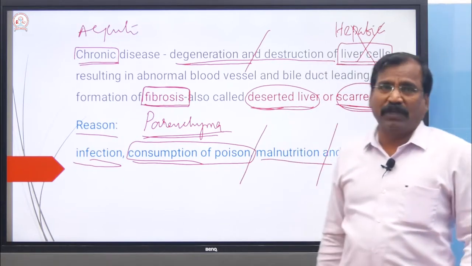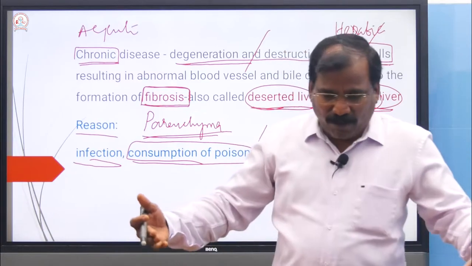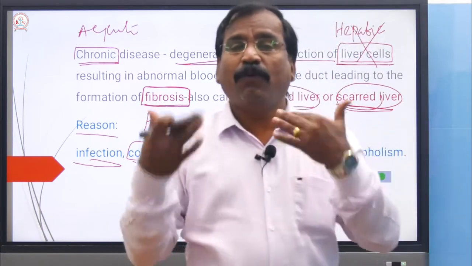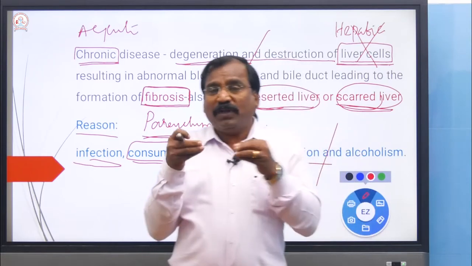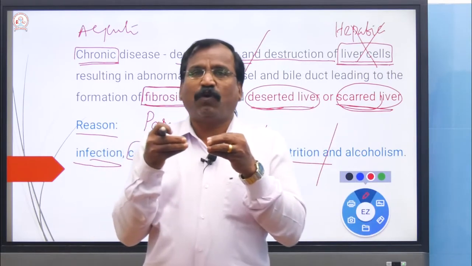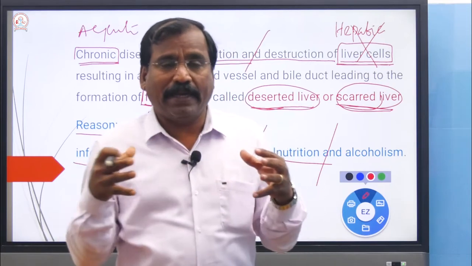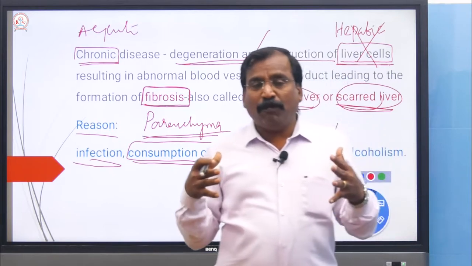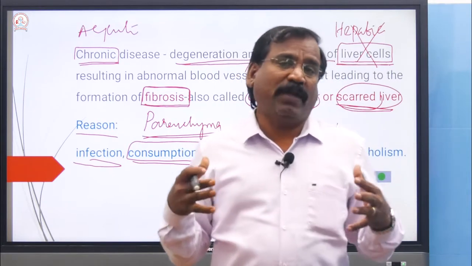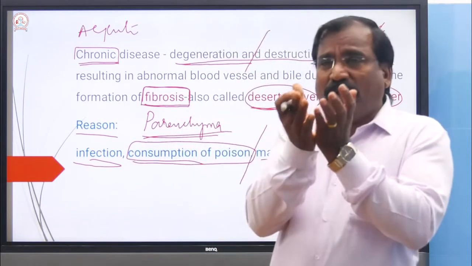It is malnutrition. You know that our food should have all the nutrients, all the components, namely carbohydrate, protein, fat, vitamins, minerals, roughages and water. That food is called a balanced diet.